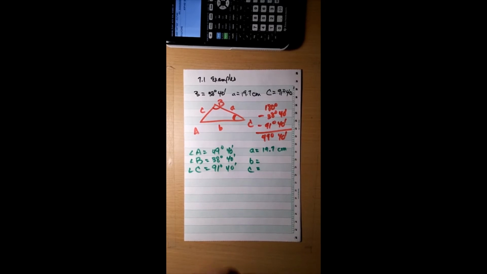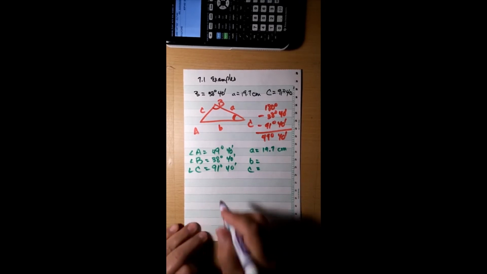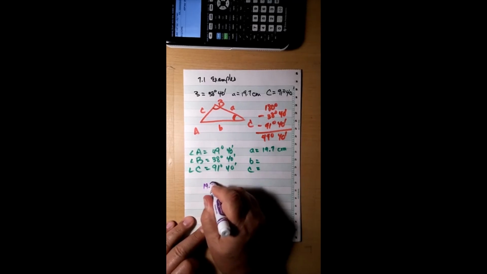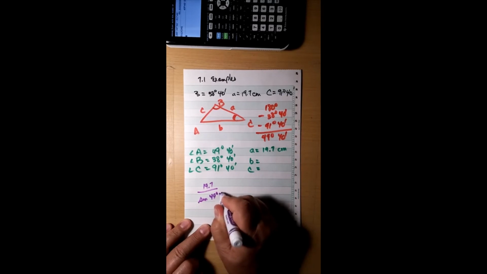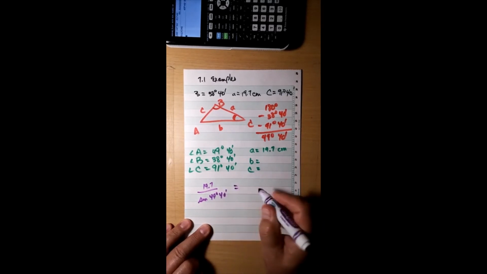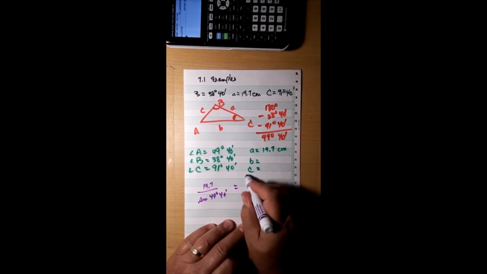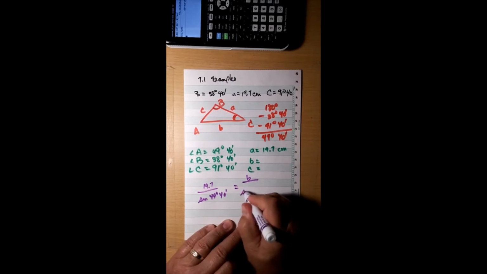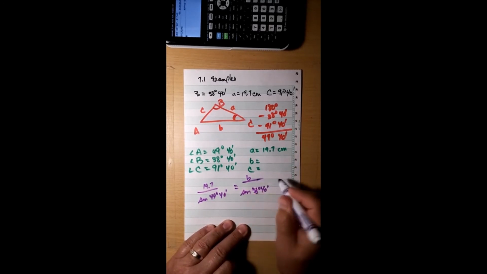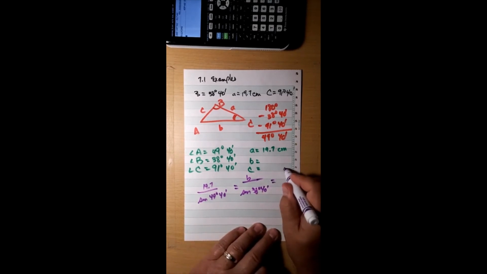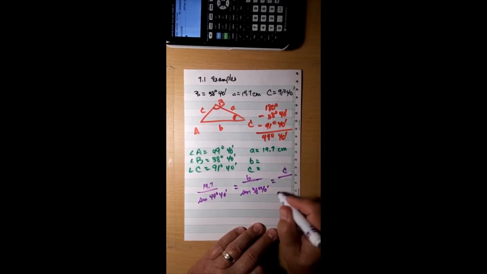Let's see here. We know that the 19.7 over the sine of 49 degrees 40 minutes is the same as B, which we don't know, over the sine of 38 degrees 40 minutes, which is the same as C, which we don't know, over the sine of 91 degrees 40 minutes.